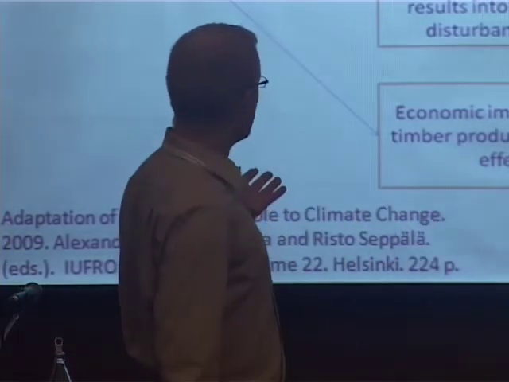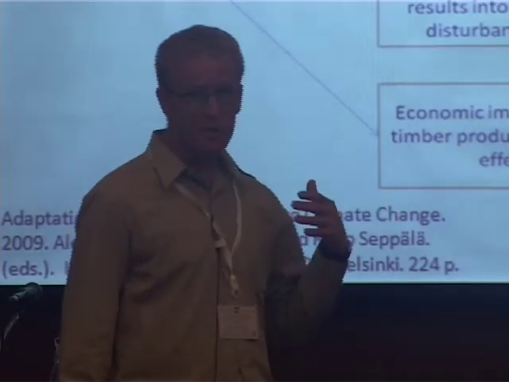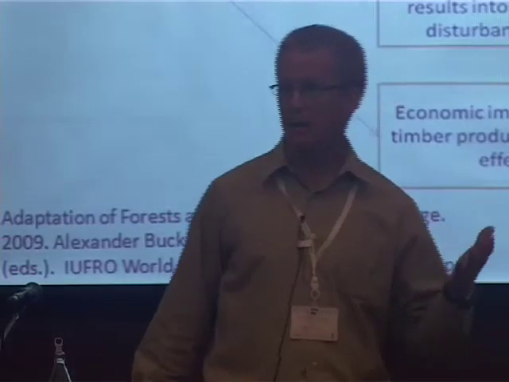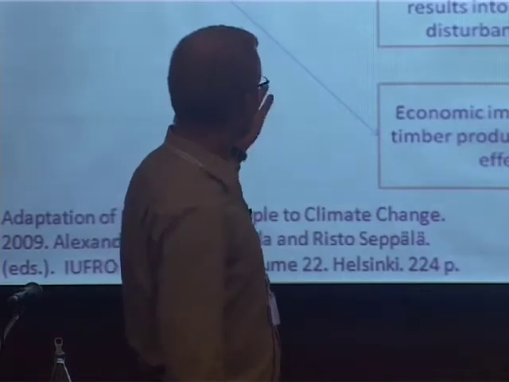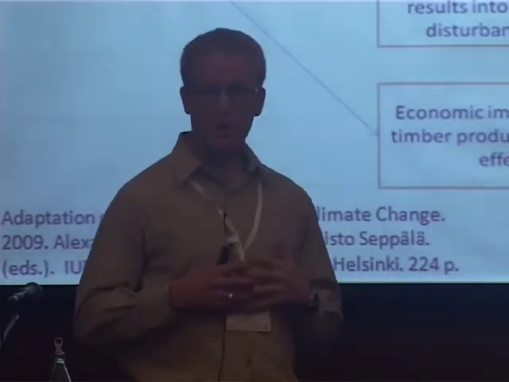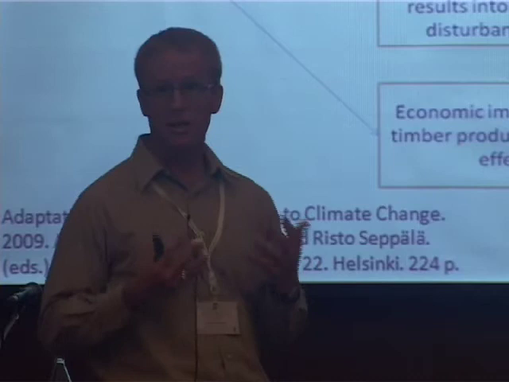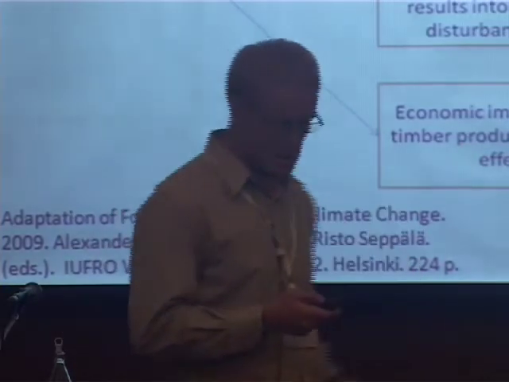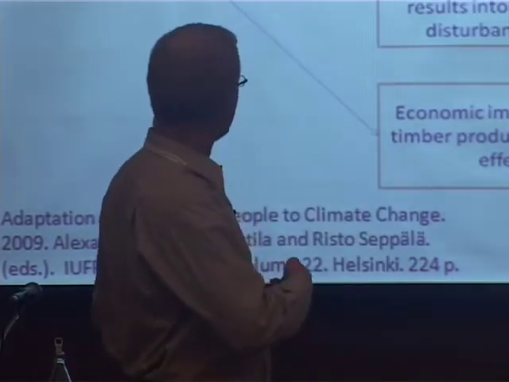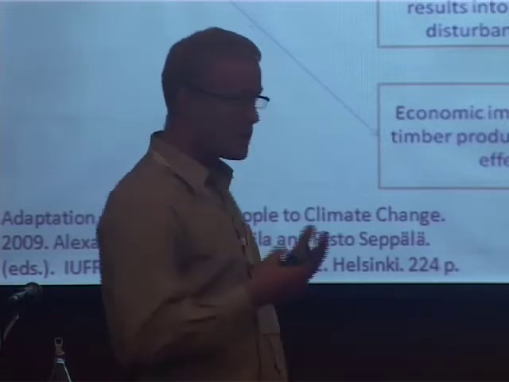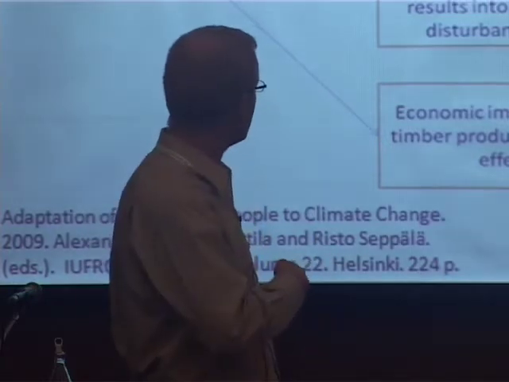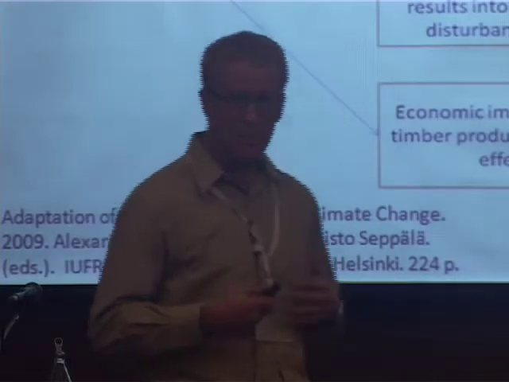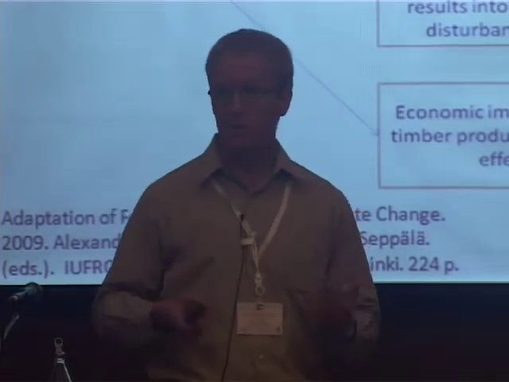So the tools that we typically think about using in terms of analyzing impacts and adaptation in forestry, we have to use things called ecological models to assess the ecological impact of climate change on trees. So I've drawn this set of scenarios: if you're going to analyze forestry, you kind of have to start with the climate scenarios, so the general circulation models that give you some sense of how climate is changing.